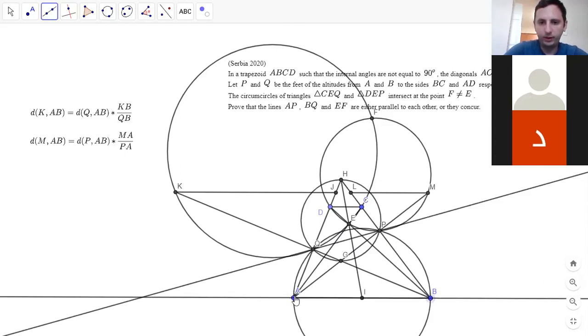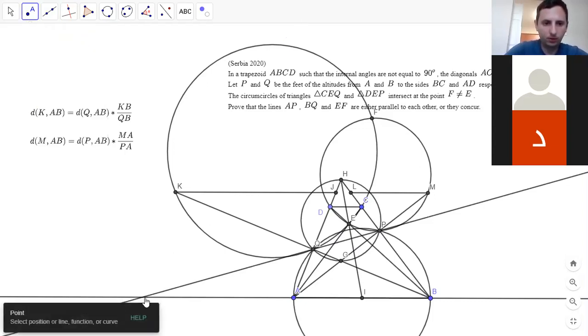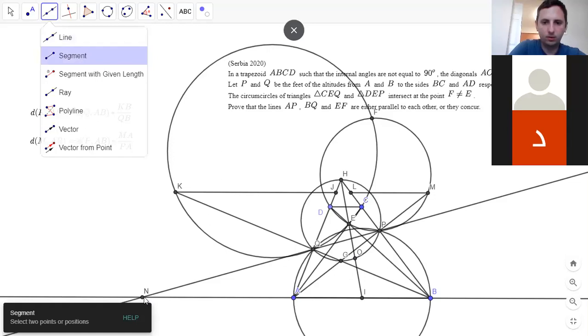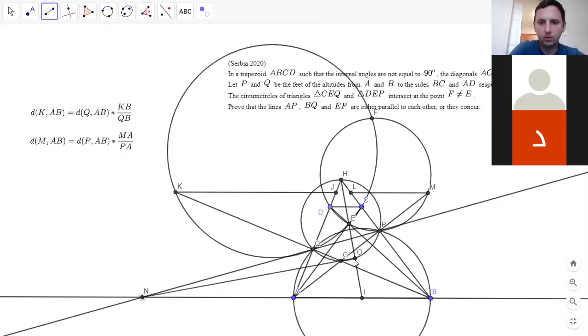So HE would be perpendicular to NG. And not only that, they would both pass through this point right here. So NG and O are collinear. Actually, that's just a Humpty point, right?